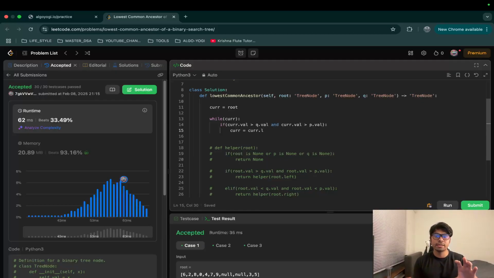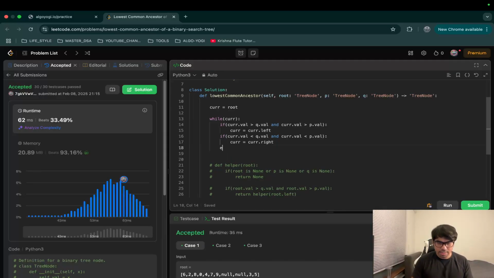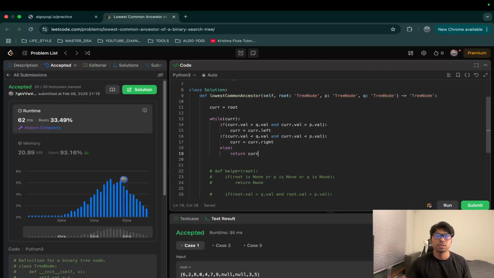If this is greater than both of them, then basically we go to the left, and let's process the right side, and that will happen if my node value is lesser than both of them. That means I have to go to the right side to find the common ancestor. Okay, otherwise, else, return cur. This is it.